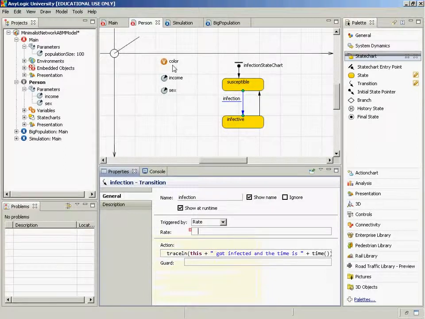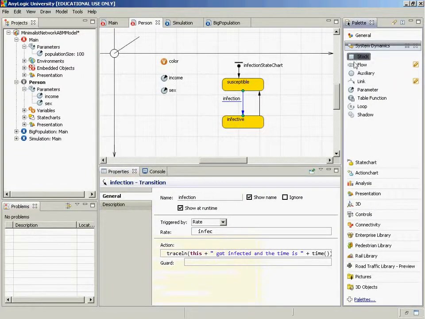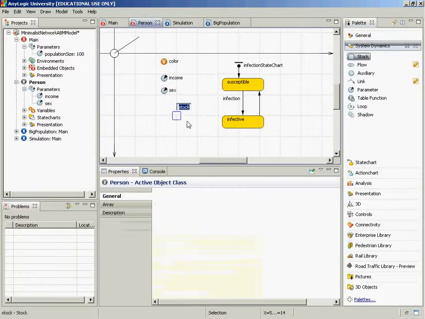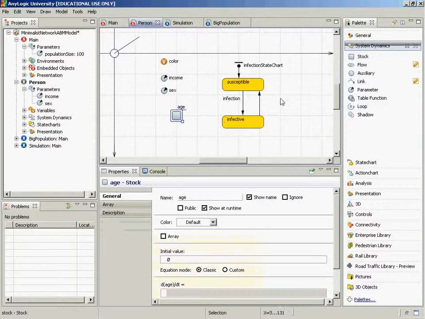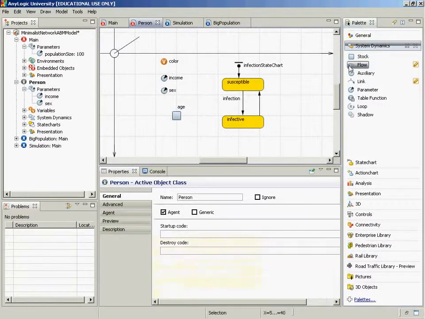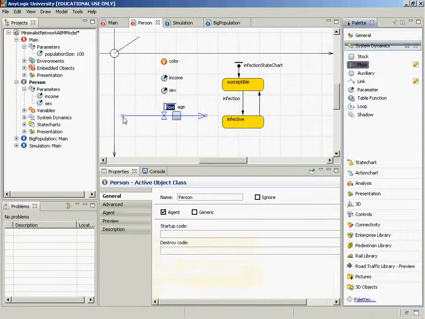So you could do that, and what you could do is with a state chart here, have a transition from this state to itself, and there's a way to kind of get these things to bend around. So if you double click on these, excuse me, is it control double click?